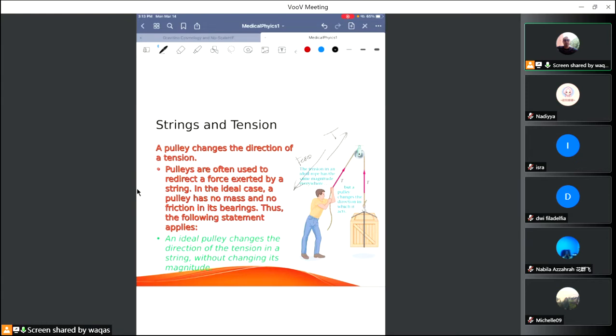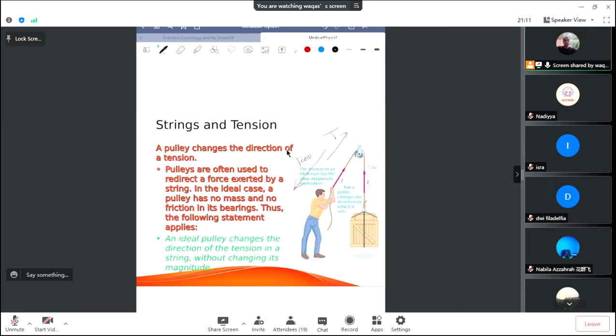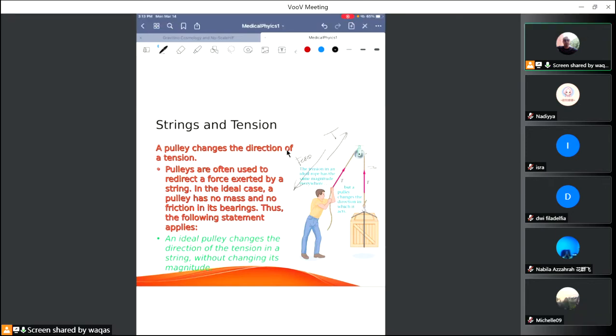When this man applies a force in this direction, the force at this point on the box is also in this direction, and the tension goes in the upward direction. This is an ideal pulley. Ideal pulley means that when you pull on this string, the pulley does not change the magnitude of the tension, the direction remains constant. It is fixed at one end.